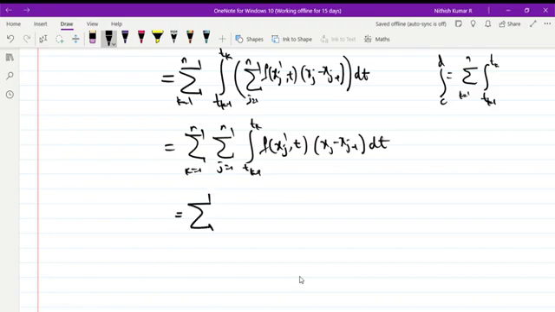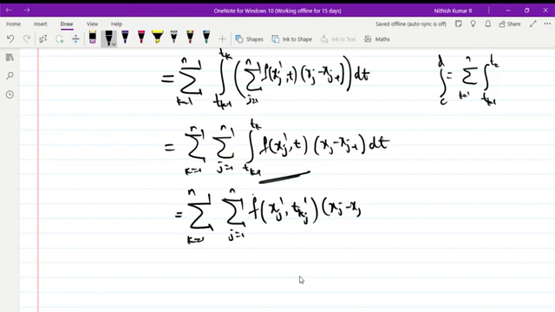Which is equal to, again, the summation over k equal to 1 to n and the summation over j equal to 1 to n. Now applying my first mean value theorem for this integral, we get f of xj dash comma tkj dash, into xj minus x(j-1), into tk minus t(k-1).